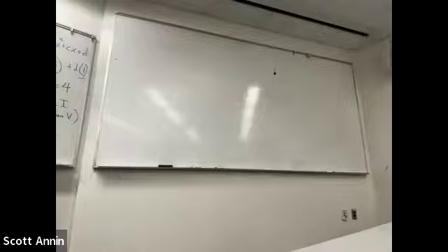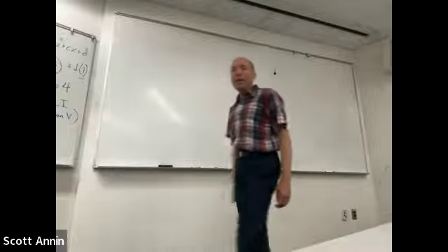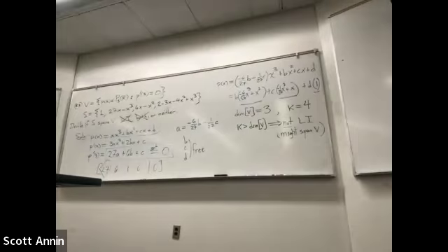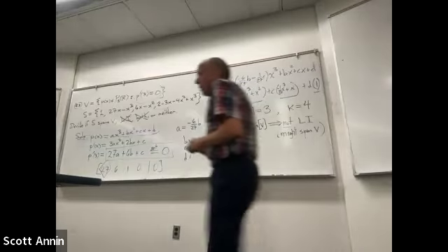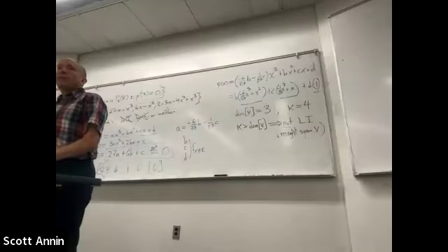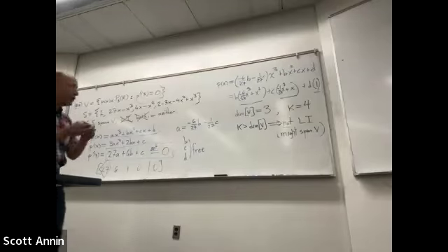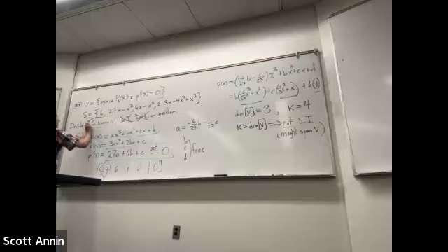Seems like a pretty good bet that they have a good chance to be a spanning set. What do you guys think? Think they'll be a spanning set? I'm gonna tell you that they are. So the answer is going to be yes.